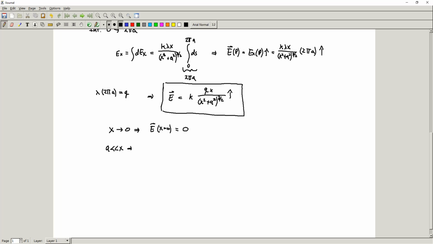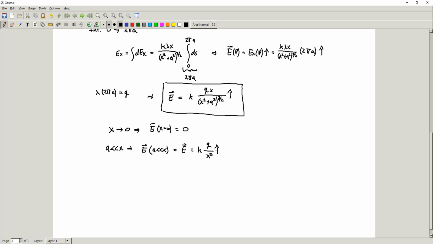It's going to cancel with the x above, and for a much less than x, we're going to see that our electric field looks like k q over x squared in the i hat direction.